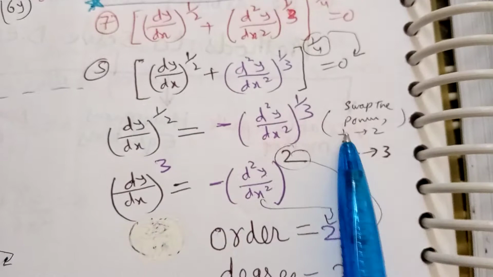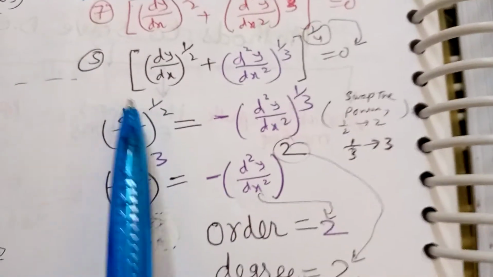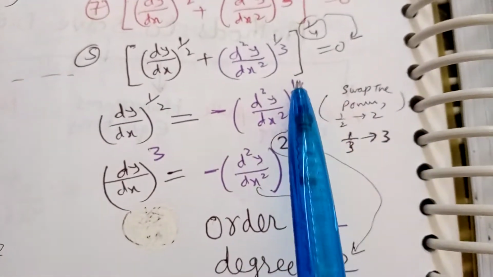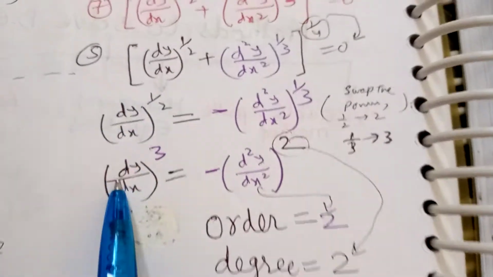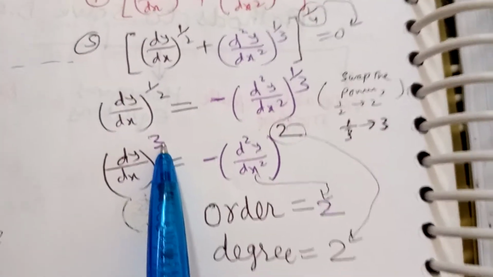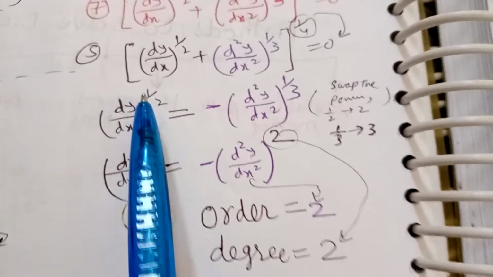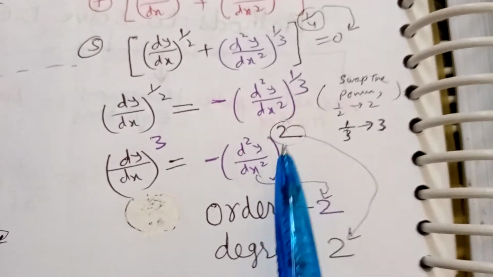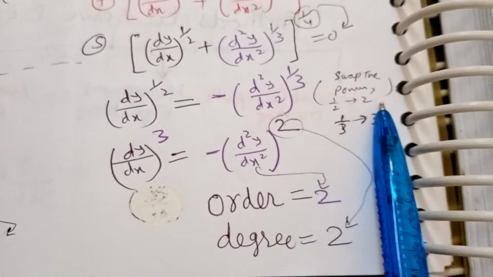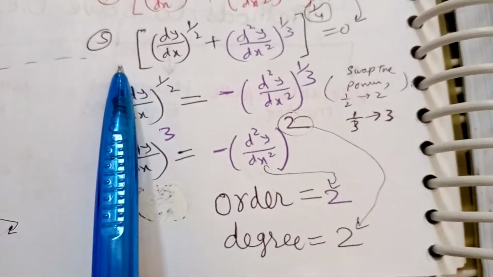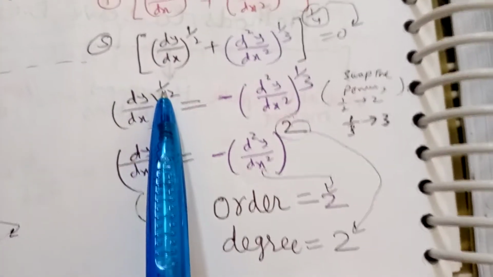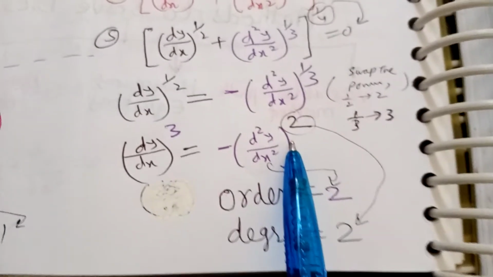Now see here, swap the power. When 3 will come here and 2 sent to here. So 1/3 goes to that side, it becomes power 3. So (dy/dx)³. 1/2, when you send that side, it becomes power 2. Swap the power means 1/3 will come here, it becomes 3. 1/2 sent to that side, it becomes power 2.